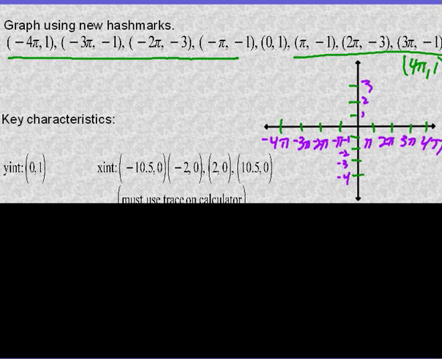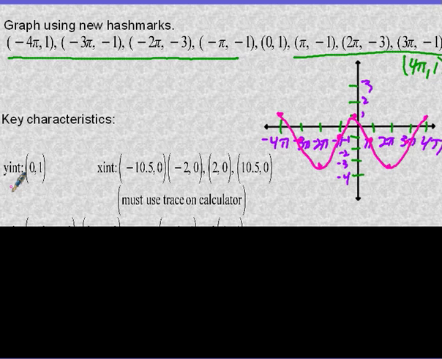So the points are negative 4 pi, 1, negative 3 pi, negative 1, negative 2 pi, negative 3, negative pi, negative 1, 0, 1, pi, negative 1, 2 pi, negative 3, 3 pi, negative 1, 4 pi, 1. So you can see we're going to get our cosine curve.